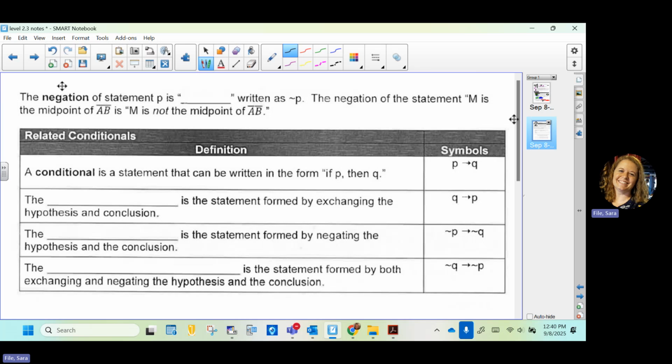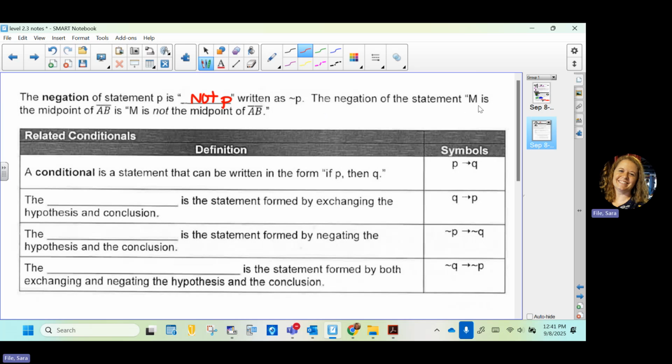The negation of P would simply be not P. The symbol is this little tilde, this little squiggle. So a tilde P means not P.